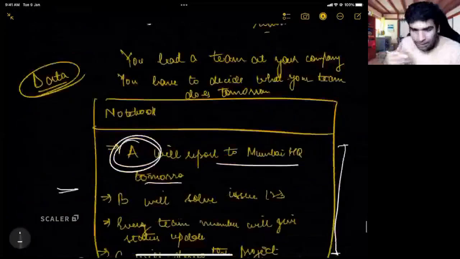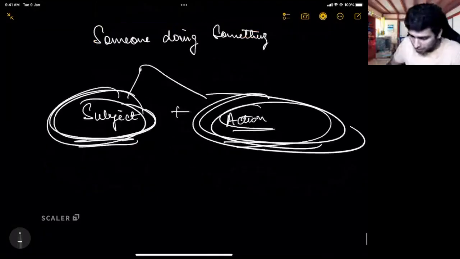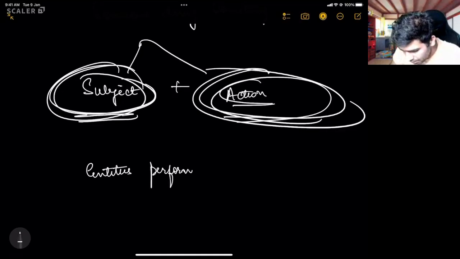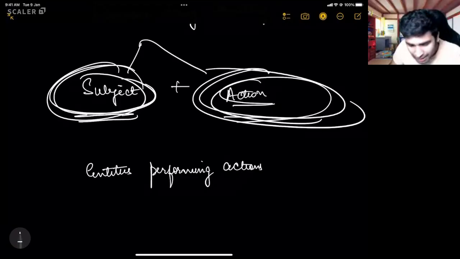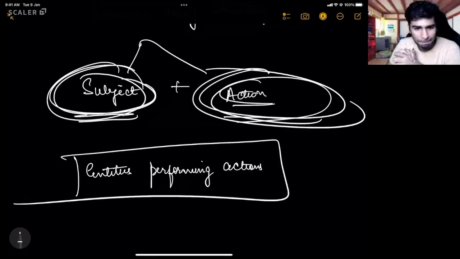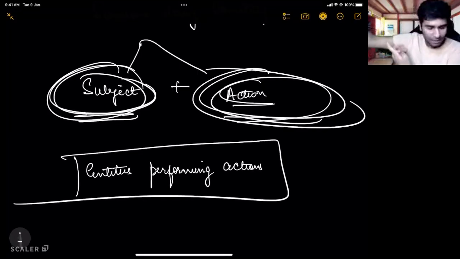So in day-to-day language, we talk about the world as entities performing actions. Is everyone aligned with this? This is how we try to make sense of the real world. Even when you hear news, you hear it in the exact same way. XYZ did ABC to someone, right?